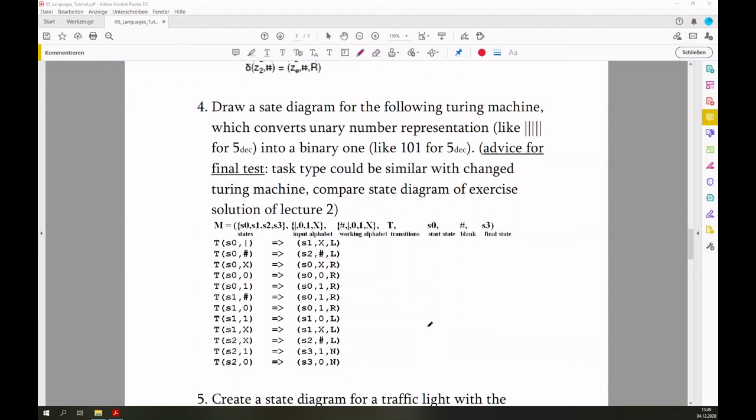There is a short hint: task type could be similar with changed Turing machines in the final exam, for example. So let's do this.